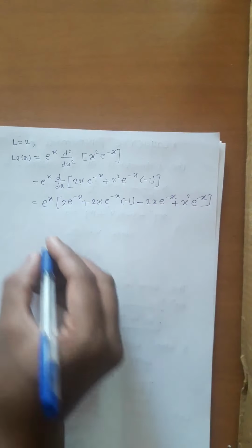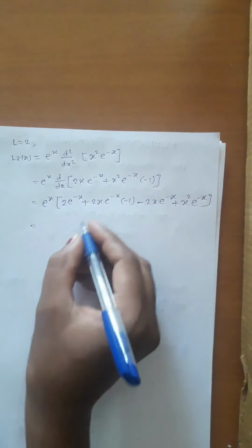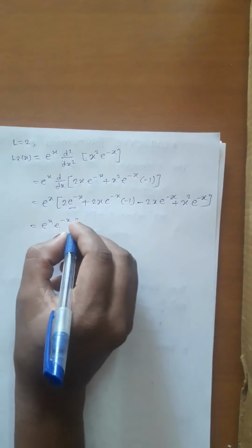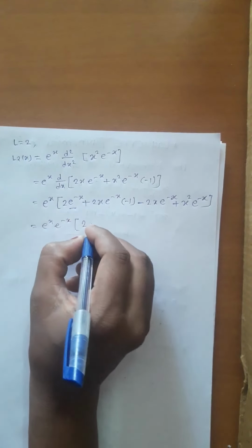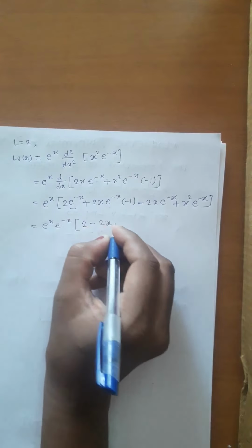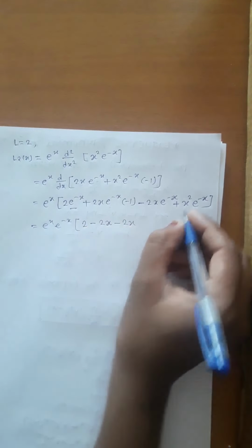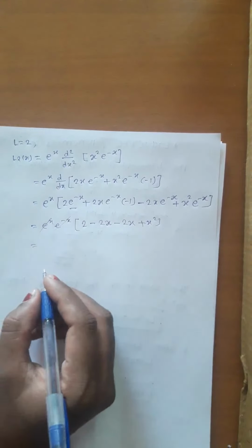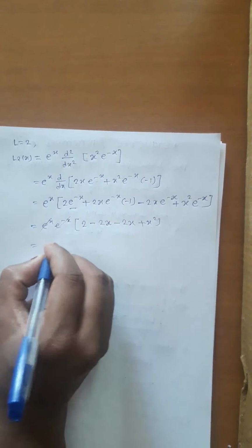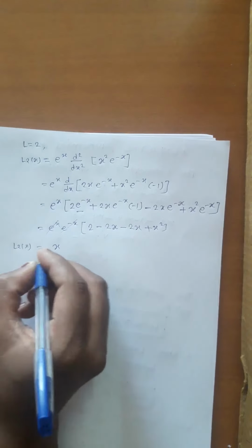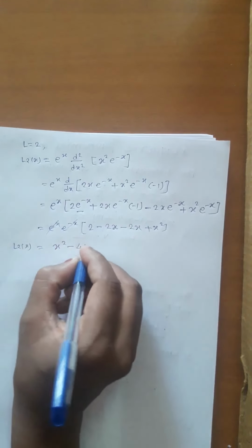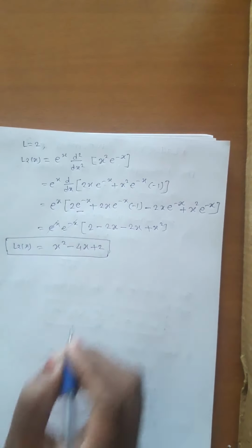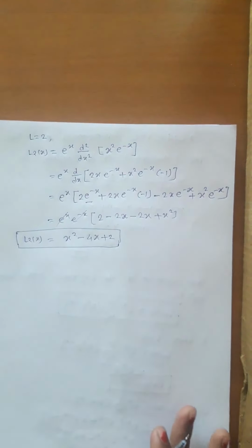Then e raised to minus x will be common, e raised to x into e raised to minus x, then 2 minus 2x minus 2x plus x square, this will be cancelled, and L2 of x is equal to x square minus 4x plus 2. This is the L2 of x.